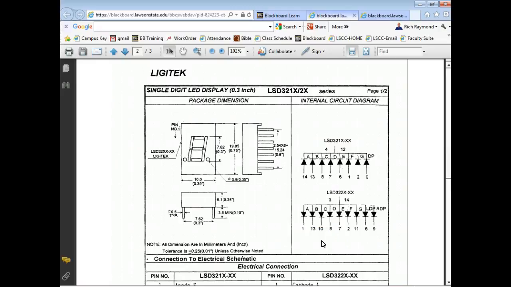It goes 1, 2, 3. Then it goes what? Then it goes 5, 7. If we looked at the 7-segment display, what we'd see is, I'm not going to pull it out because it's not the same one.